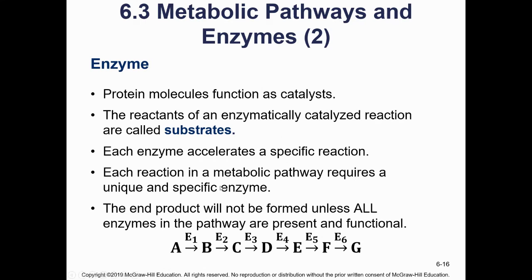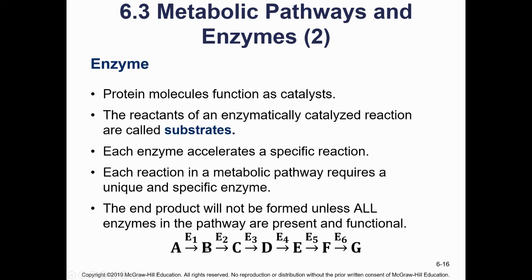So each metabolic pathway, each step in my path requires a different enzyme, because going from my reactant A to B, I'm going to change A into B. So here enzyme 1 does that.